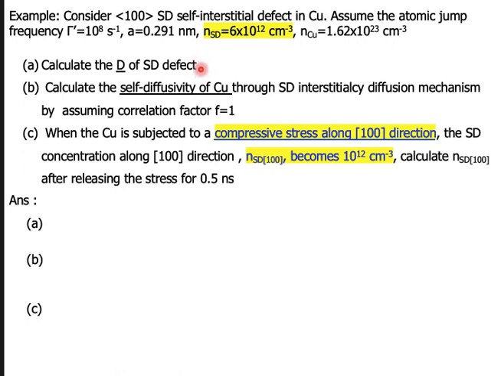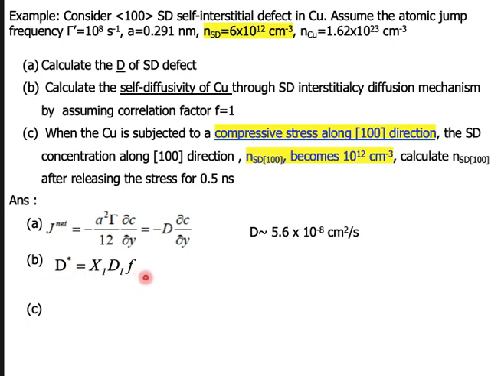So you need to get the DI, and this D will be what? You need to consider the XI, DI, and F, right? So this data is for your reference. But question C here will be a little bit different from the previous example. In the previous slide, instead of being subjected to tensile stress, here we are subjected to compressive stress along 100.